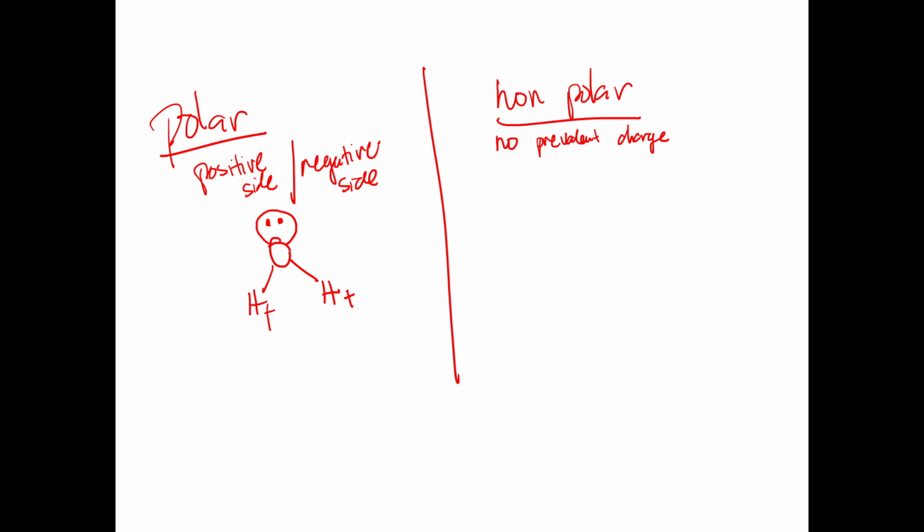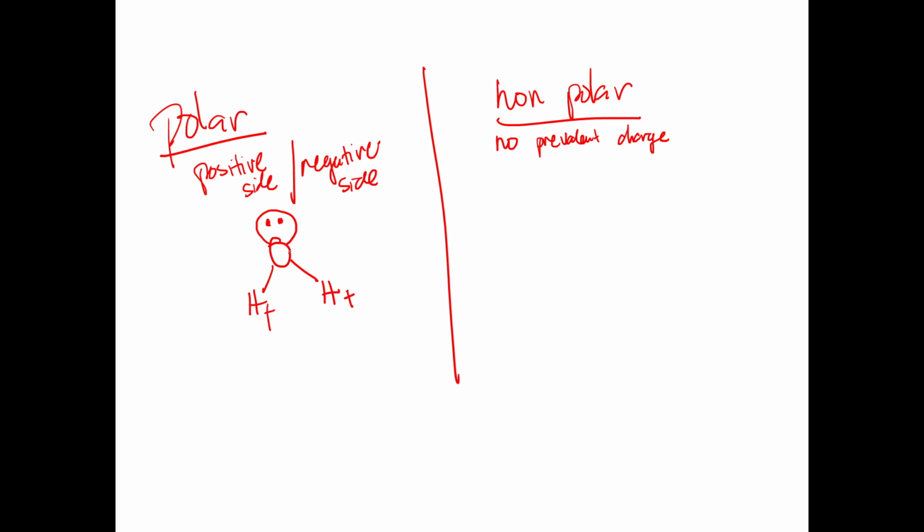Bakit sila nagtitipon-tipon? It's because of electronegativity, which I will not explain right now. If you want, I will also leave a link in the video description, or if you want to learn more about bonding of polar and non-polar structures.